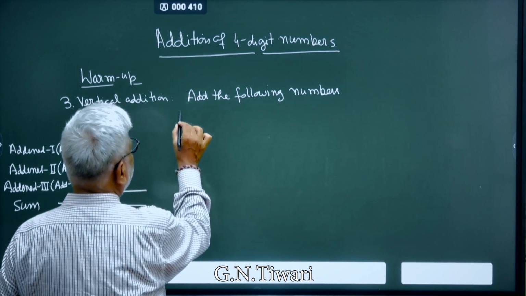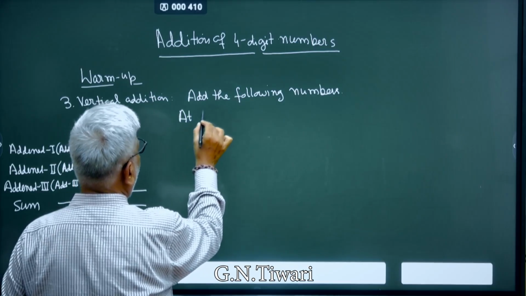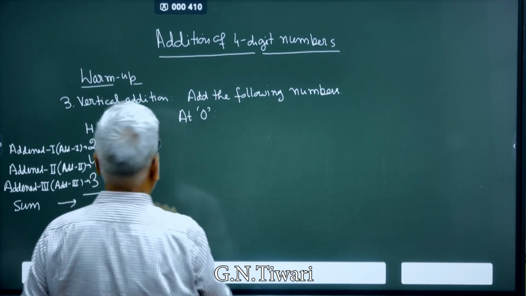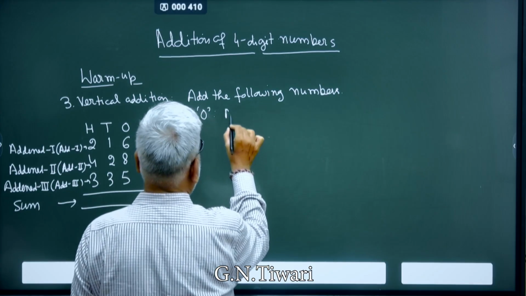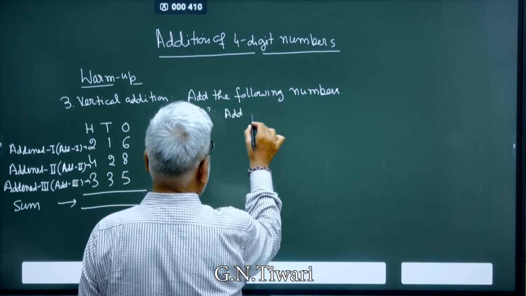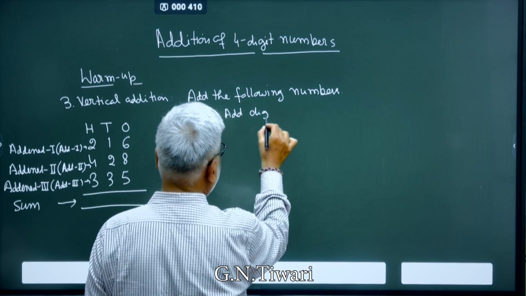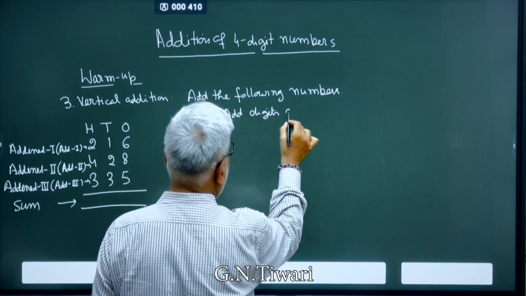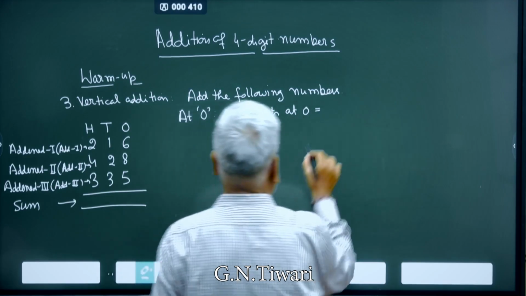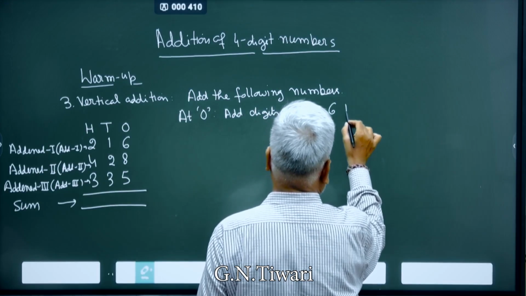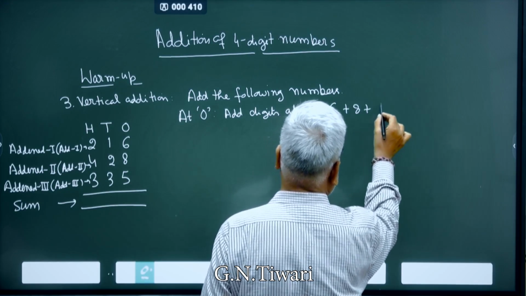See, at O. Add digits at O is equal to 6 plus 8 plus 5.